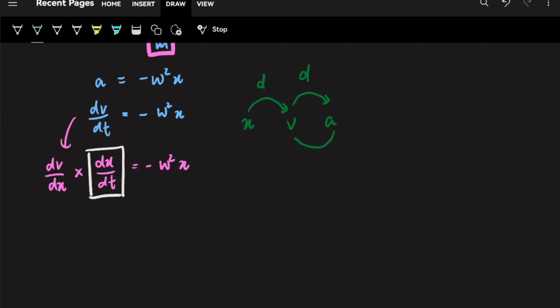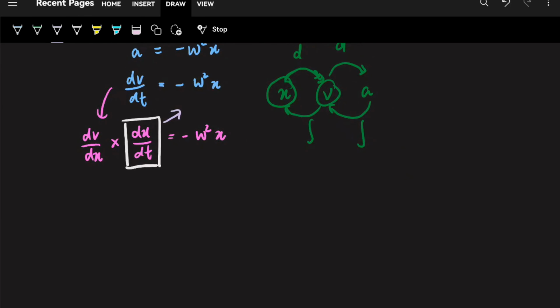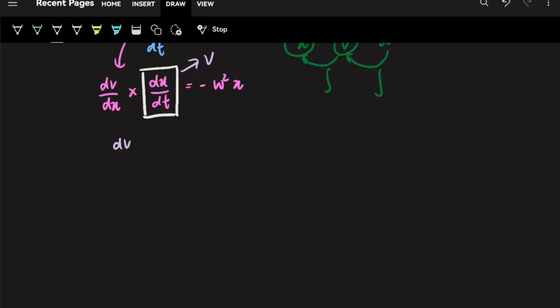Integrate your acceleration equation, you get velocity. Integrate your velocity equation, you get back your displacement equation, which is your x equation. So now dx/dt is this: you differentiate your x, you get your velocity. So this is your v. If we rewrite this, you'll get dv/dx multiplied by v equals negative omega squared x.